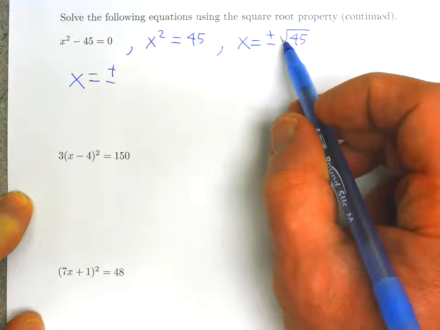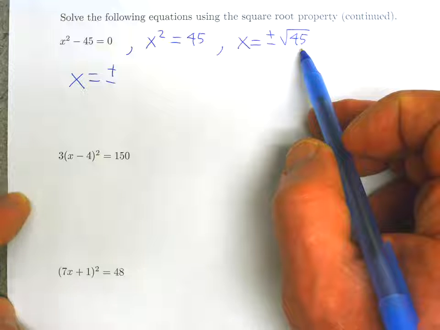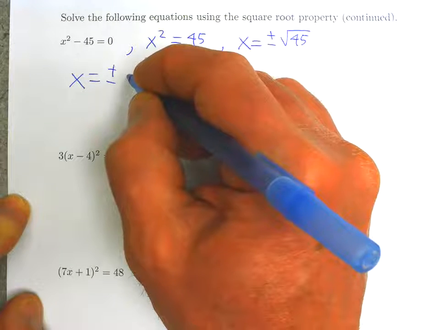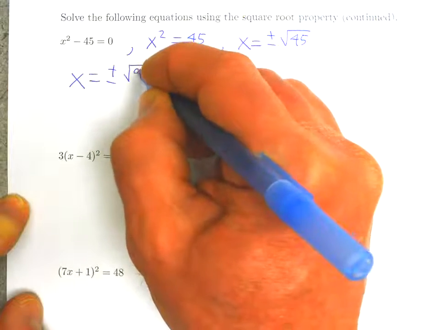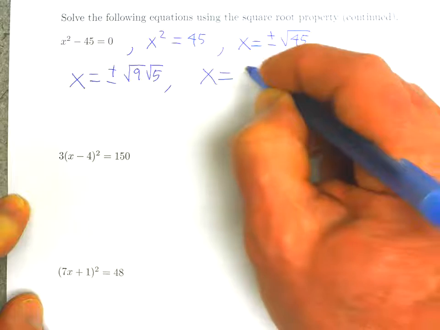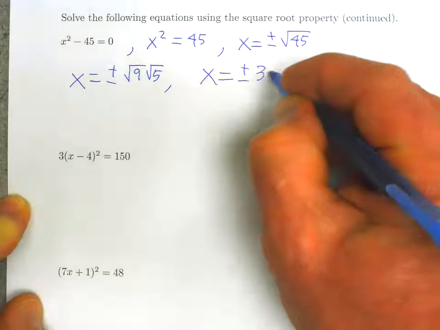And instead of the square root of 45, the largest factor of 45 that's a perfect square is 9. 9 times 5 is 45. So this is positive and negative square root of 9 times the square root of 5. And then simplify further, positive and negative 3 times the square root of 5.